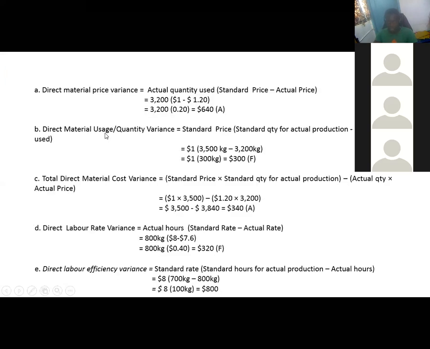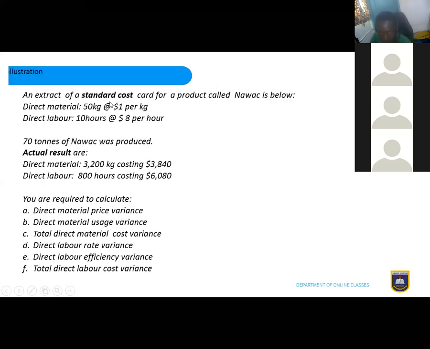So we are supposed to find standard price. Let's go back to the formula. Standard price, right? Yes. So we are supposed to come here to find our standard price, and the focus is on our direct material usage. So when we move here, we realize that direct material is 50 kilograms at $1 per kilogram.